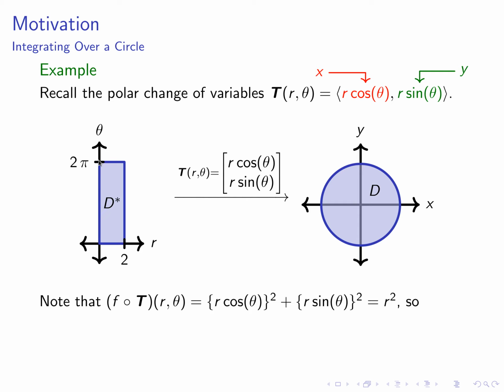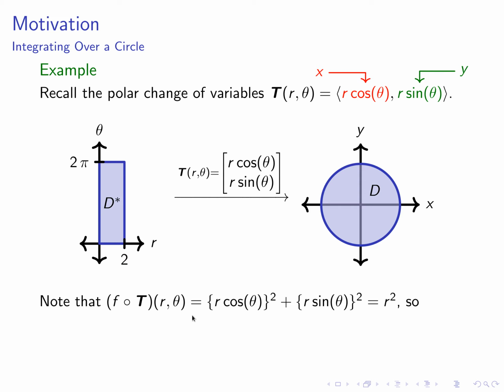So what if we implement our composition idea again? The density function for the region we started with, this region D, was f equals x squared plus y squared. When we compose f with this change of variables, what we're doing is replacing x with r cosine theta and y with r sine theta.